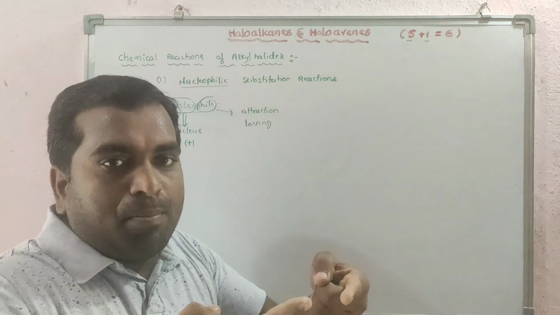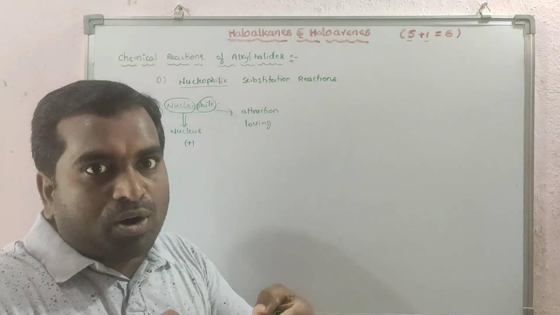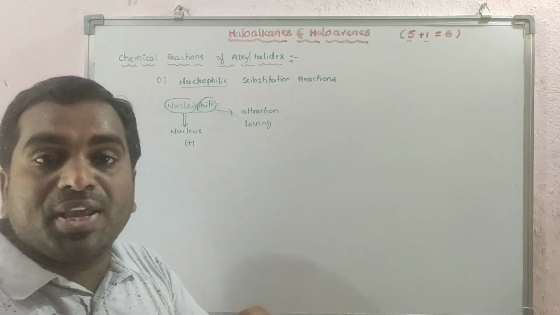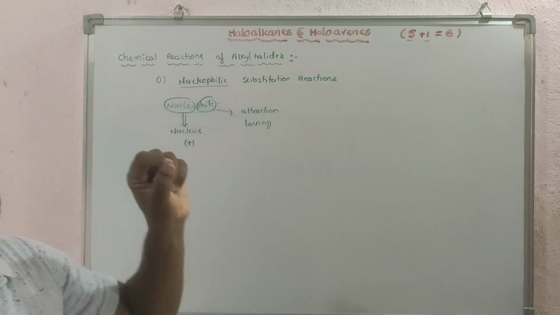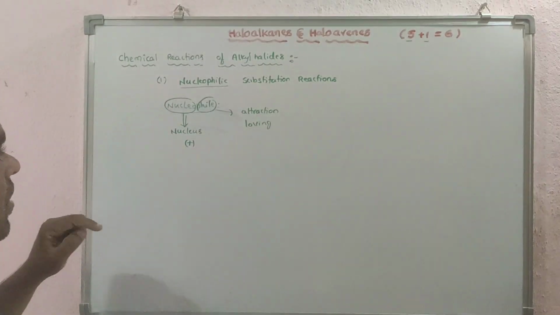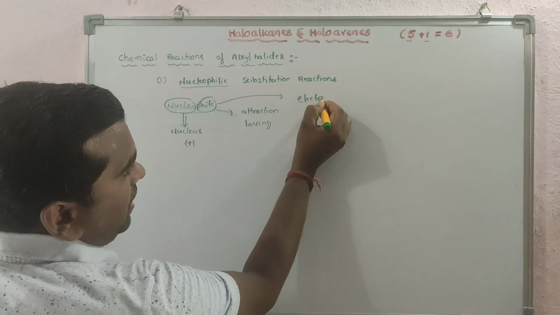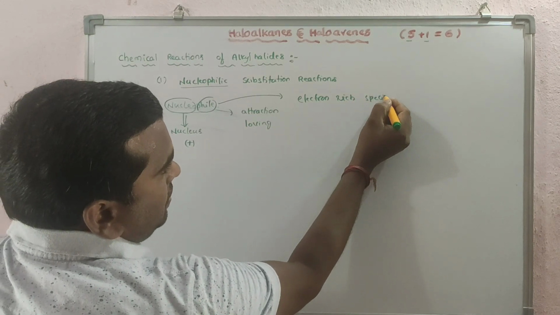It makes a bond by donating a pair of electrons, because to form a bond 2 electrons are required. So a nucleophile should have at least 1 pair of electrons. So nucleophiles are electron rich species.